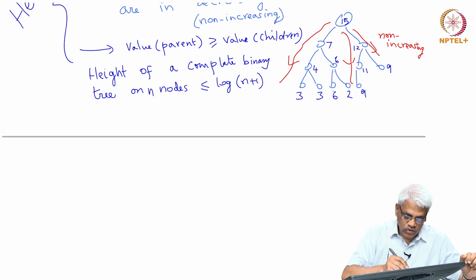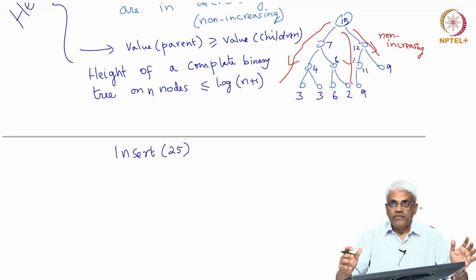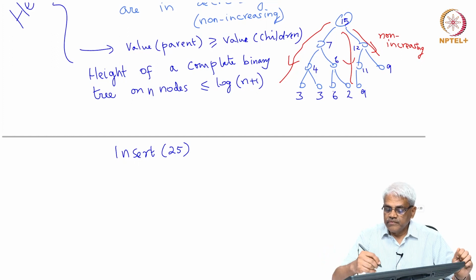Suppose I want to insert some new element, let us say 25, in this tree. Remember, it is a complete binary tree and nodes are filled up level by level.